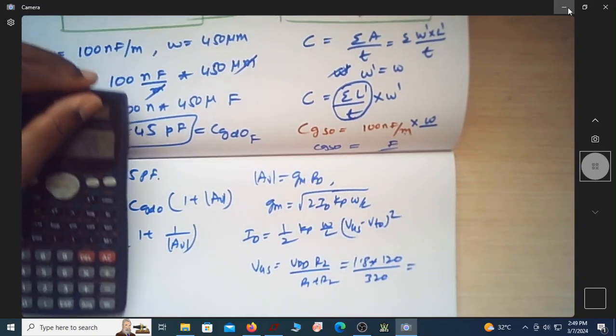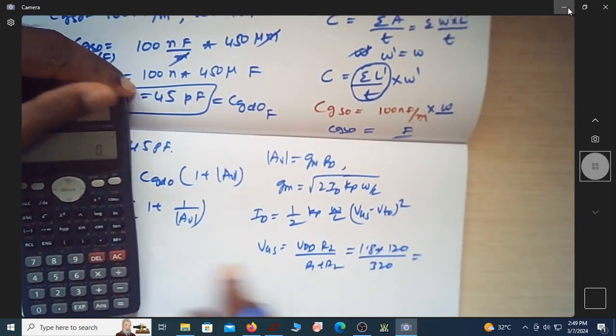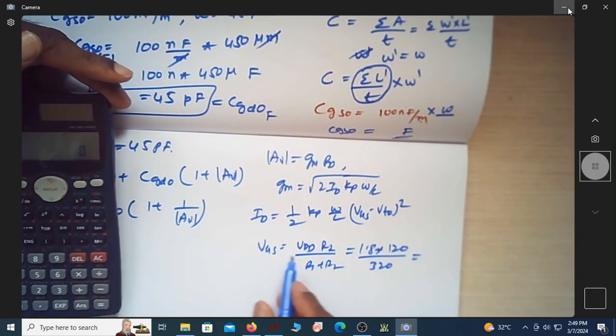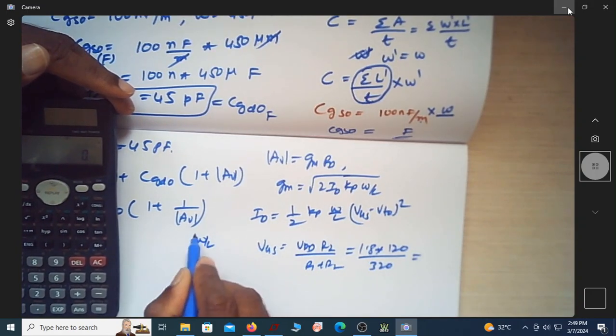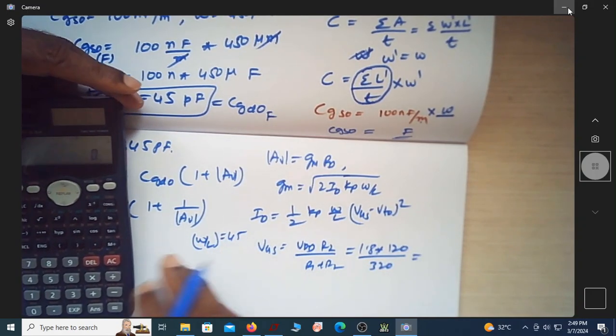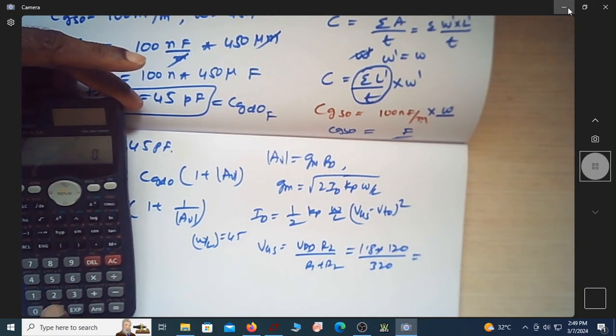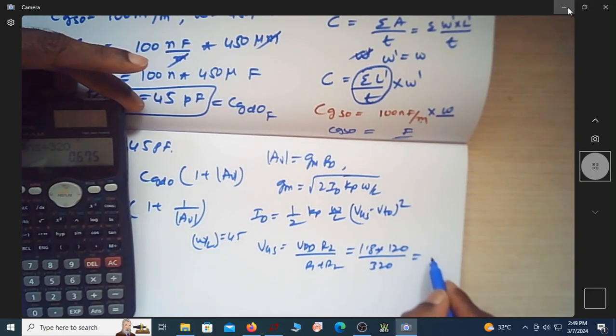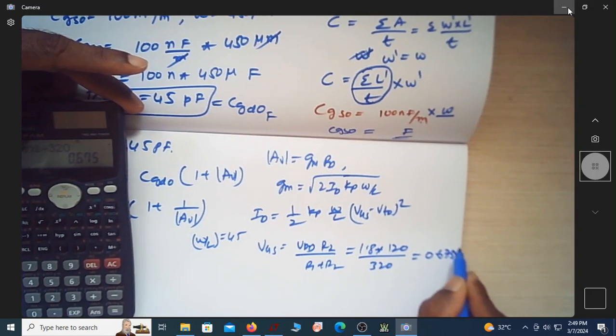Let us go bottom up now. W by L is 45. What is 1.8 into 120 divided by 320? It is now 0.675 volt.